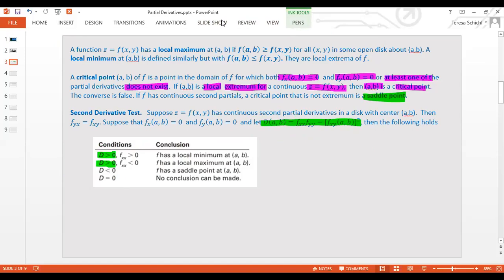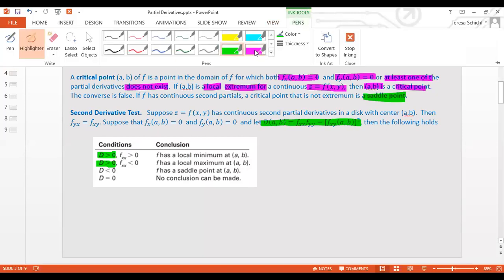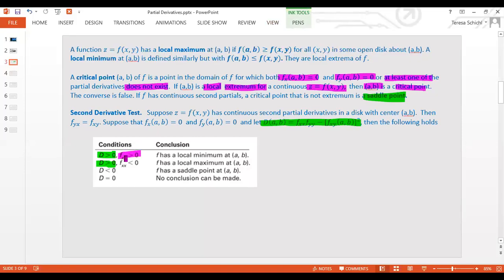And then D is greater than 0 and f of xx is less than 0. So let's take a look here: D has to be greater than 0, and then you see f of xx greater than 0, or f of xx less than 0 here.